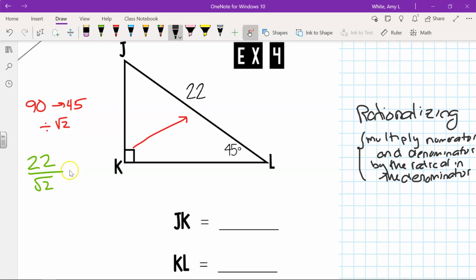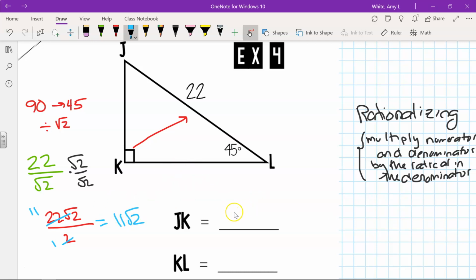So in this case, the radical in the denominator is square root of 2, so I'm going to multiply the numerator and the denominator by the square root of 2. In the numerator, 22 times root 2 just gives me 22 root 2, and in the denominator that would be over 2, because square root times square root gives us a whole number. Finally, I can simplify my fraction. In this case, 22 over 2 is the same as 11 over 1. So our final answer is 11 root 2. You do need to go through this process of rationalizing if you get a value where the radical is in the denominator.